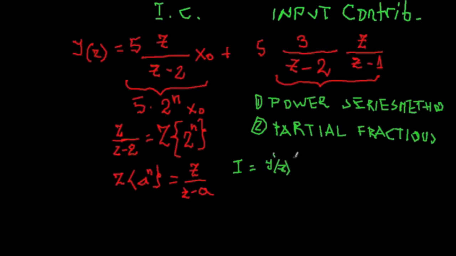This prime doesn't mean anything, I just want to denote this term here as 5 multiplied by 3, and here we have a z divided by z minus 2, and here we have a z minus 1. Okay.